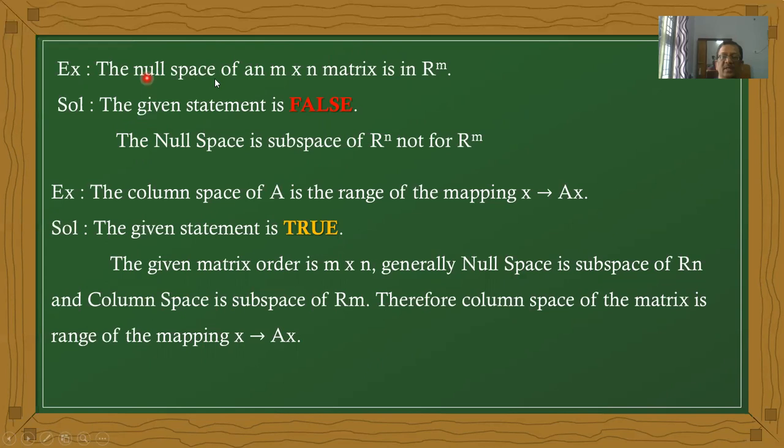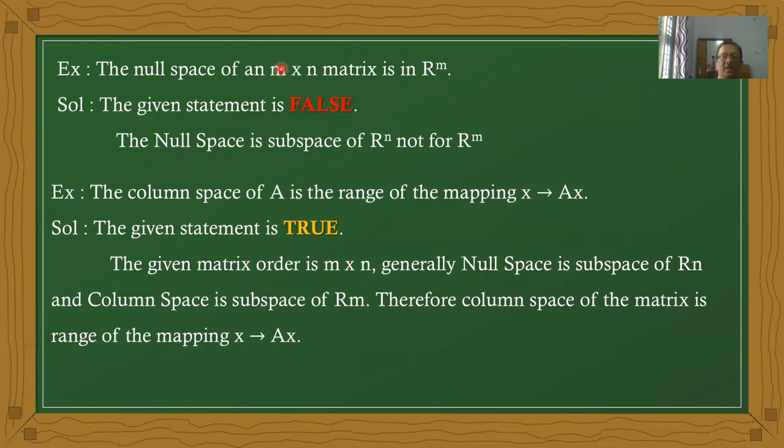The null space is a subspace of Rn, the number of columns being n. Therefore the null space is a subspace of Rn, not of Rm. The number of rows is for the column space, which is a subspace of R power m.